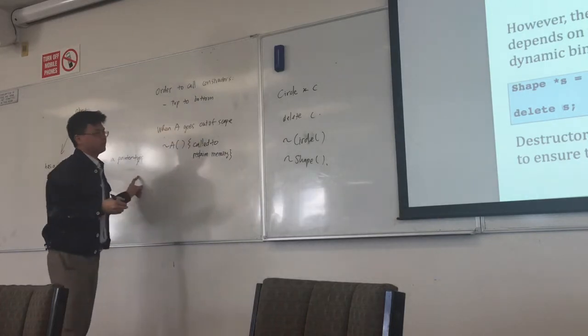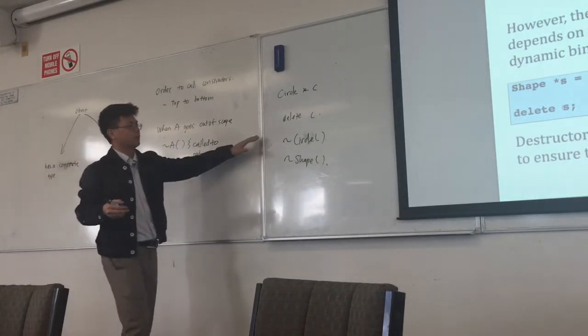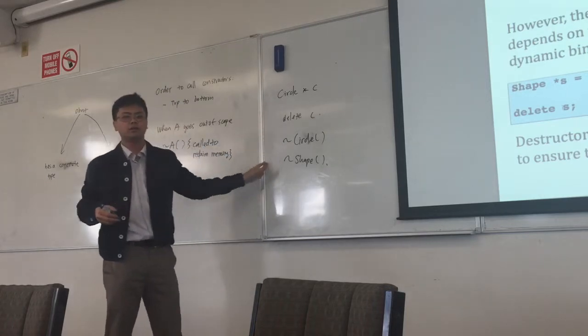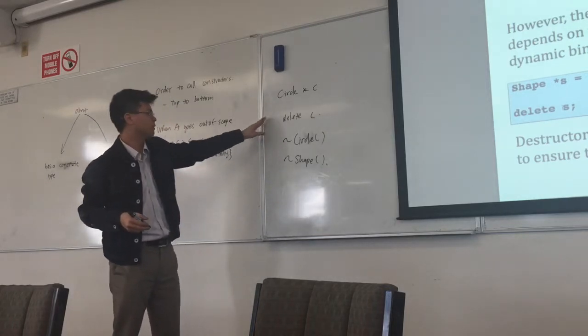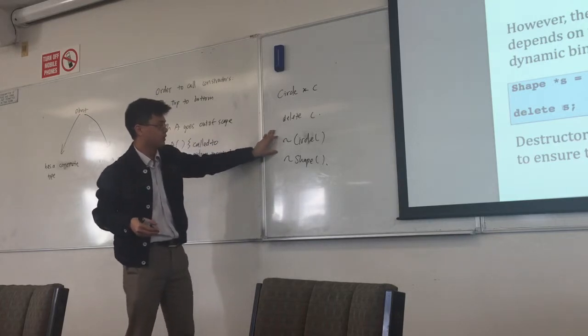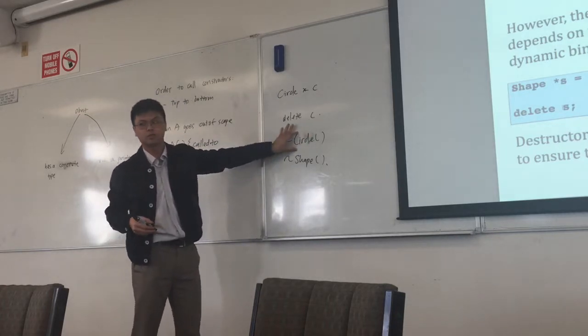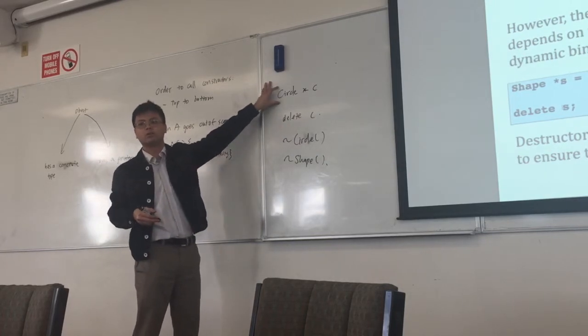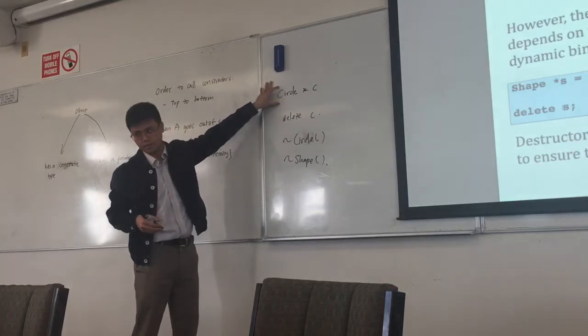So any function that you call from a pointer of type x will first be searched in the namespace of x. Right? So the reason why the destructor of circle is called here first was because it is represented as a circle. So it will search in this namespace.